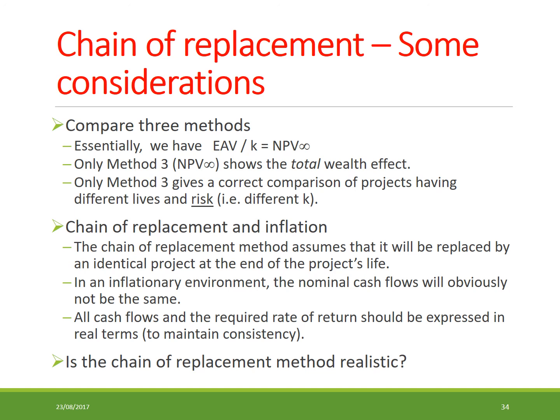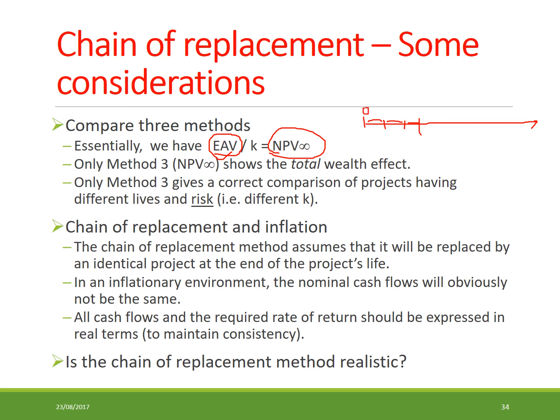So to compare the three methods, how are these related, right? We will see that the equivalent annual value is equal to the NPV in perpetuity times K, right? So what does it mean here? The equivalent annual value gives us an equal amount of cash flows for every year throughout the project's life, right?